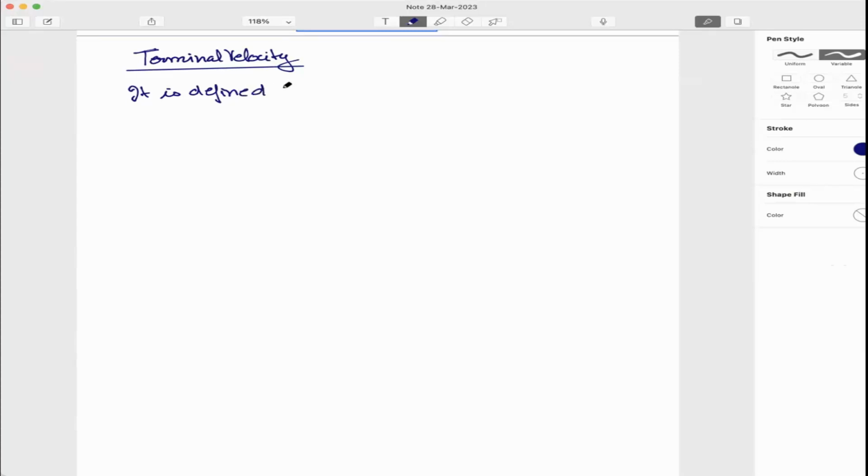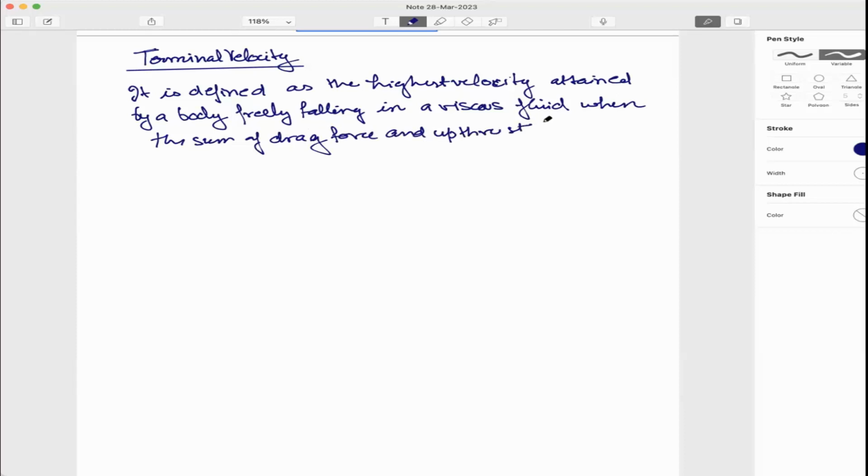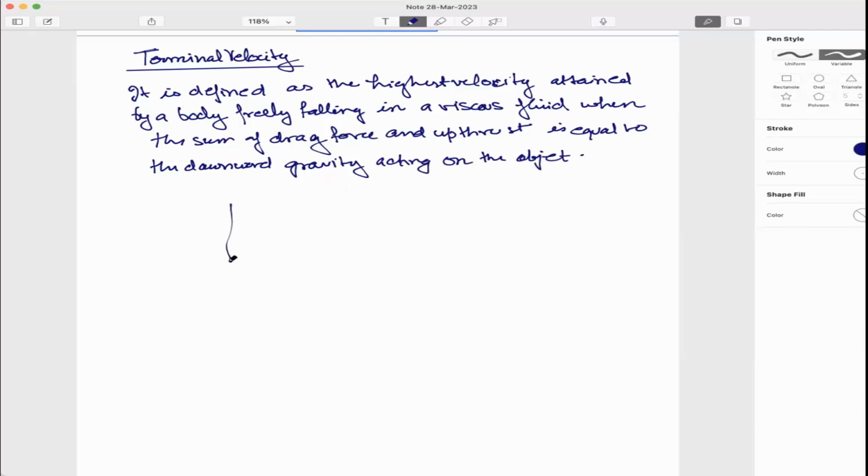It is defined as the highest velocity attained by a body freely falling in a viscous fluid when the sum of drag force and upthrust is equal to the downward gravity acting on the object.